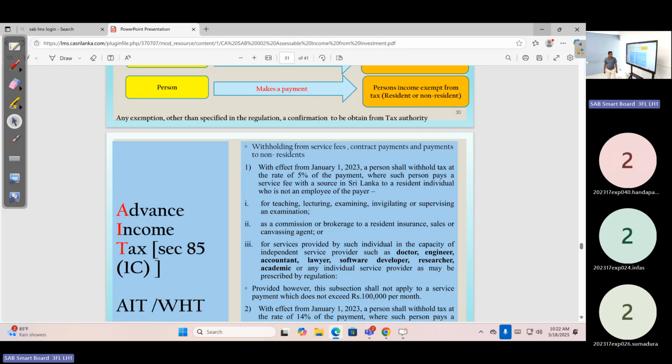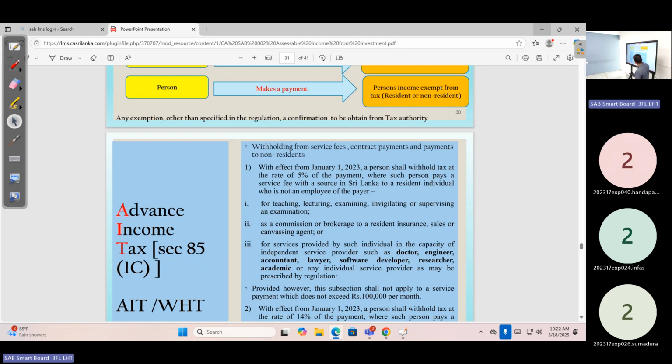As a commission or brokerage to a resident insurance, sale or canvassing agent. Or services provided by such an individual in the capacity of an independent service provider, such as doctor, engineer, accountant, lawyer, software developer, researcher, academic, or any individual service provider as may be prescribed by regulation.